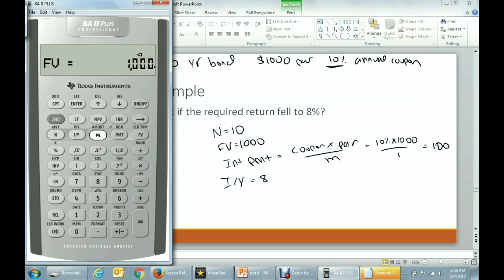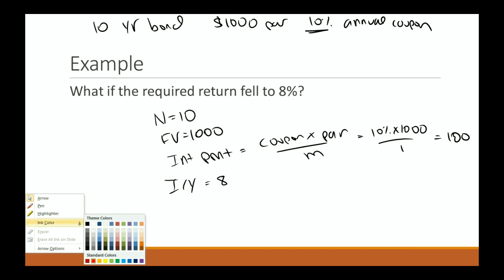Compute the present value. Let's see, it was 8% for the interest rate. My calculator is jammed up. Okay, and so I get a negative $1,134.20. This bond would cost $1,134.20 today. The current market price, or current market value.